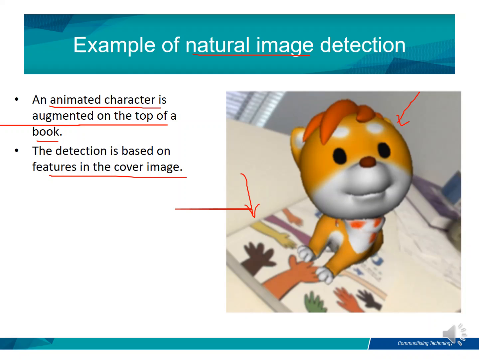We use this book cover as a marker that can be detected by the camera, so that when the camera detects this pattern on top of this book, it will pop up this animated character on top of it. They call this a natural image because it uses an image that is available in our real world, which in this case is the cover image on the book.